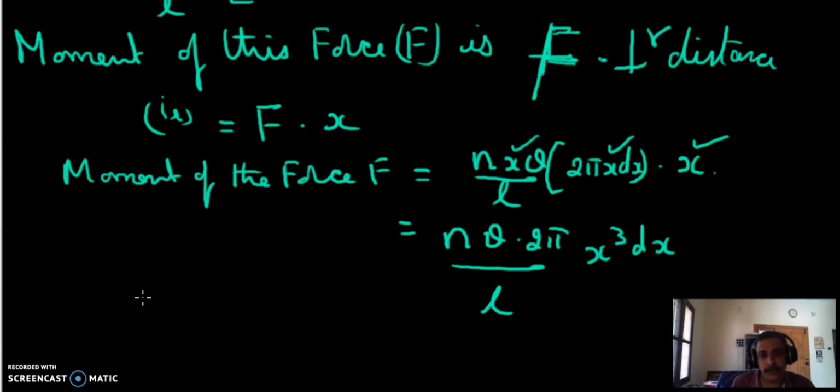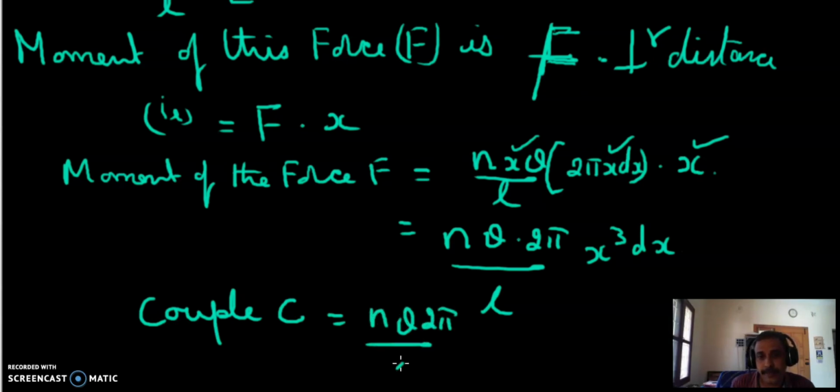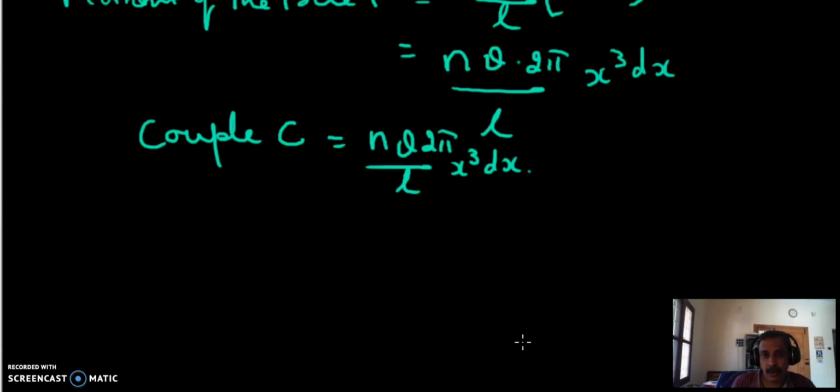So the moment of this force we call the couple. So the couple C is equal to nθ into 2π/L into x³ dx, right? This is for the inner cylinder alone.